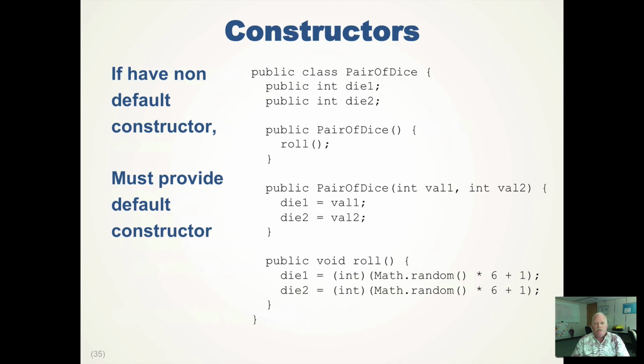So in this case, when we run the default constructor, we call the method roll, which assigns random values to die1 and die2, or we can take the other constructor where we supply two values and assign those values to die1 and die2. So remember, if you provide a constructor that has parameters, Java will not provide you the default constructor for free.